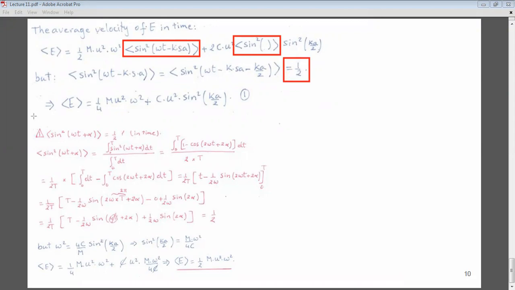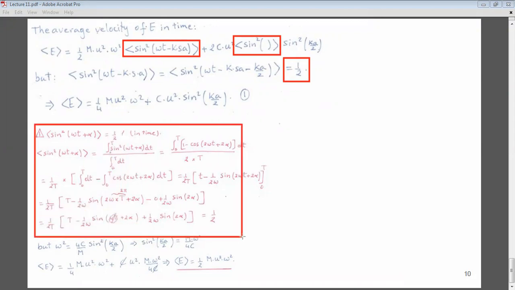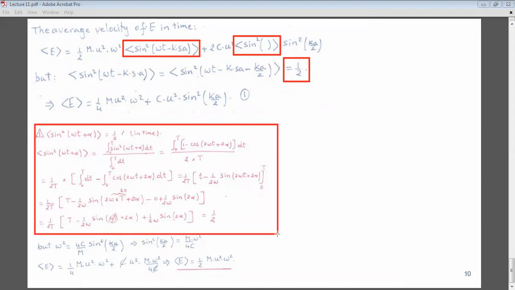Here I show you how to do the derivation. You start with the average of sine square omega t plus alpha. In this case, it is omega t minus KSA, so the minus KSA is the alpha, instead of carrying minus KSA all the time. Why is it equal to half?